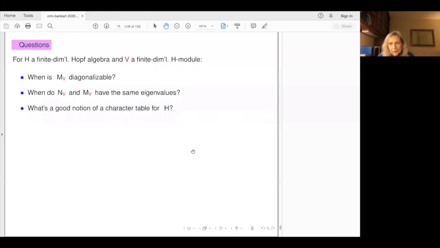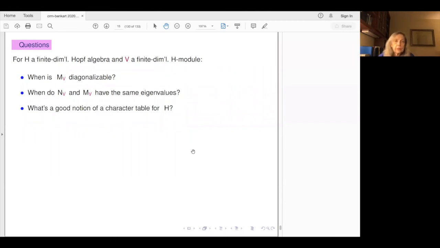Okay, this is sort of the overarching question: what's a good notion of a character table for a Hopf algebra? If you look at a lot of the Hopf algebra literature, when people talk about a character table, they're putting on a lot of different assumptions and using various different things to construct it.